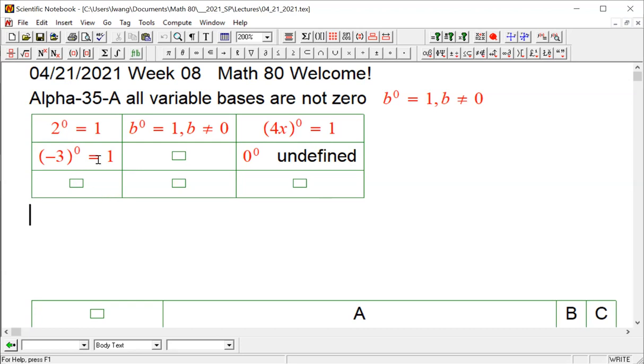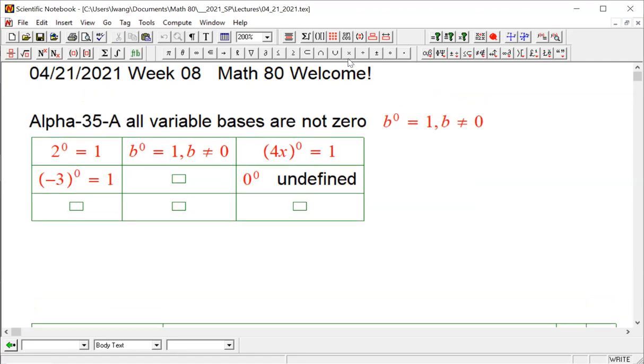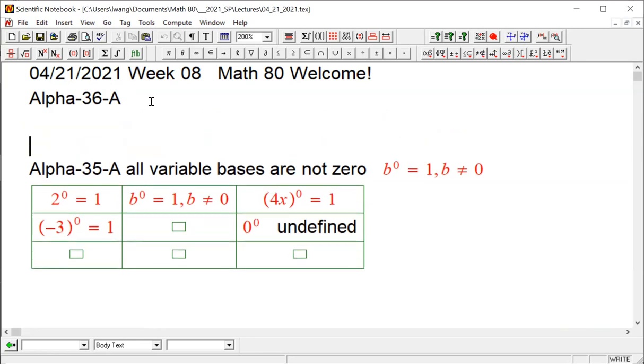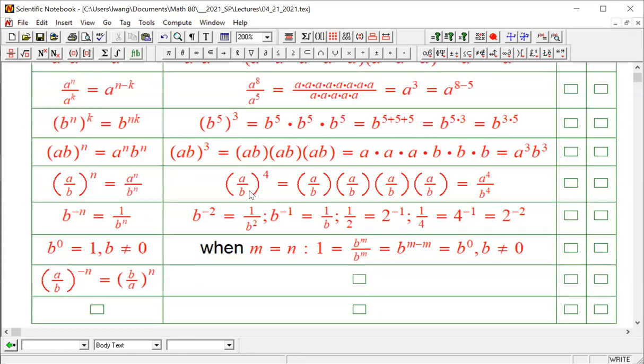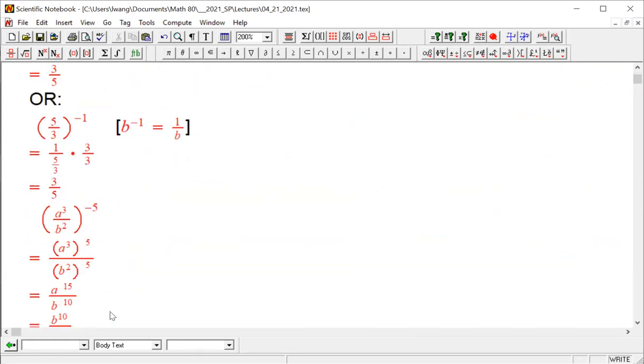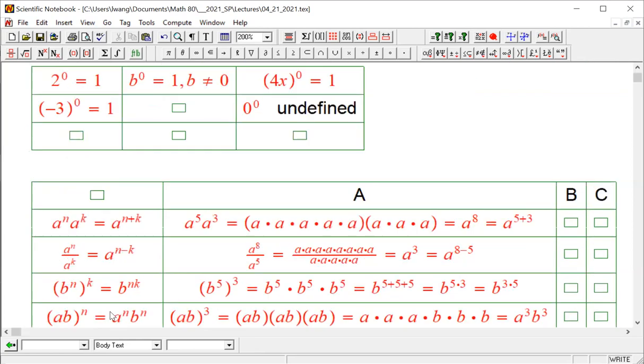36A. Okay, so let's do 36A. In 36A, we're going to have miscellaneous questions. Of course, now we have all these nice properties we have learned.